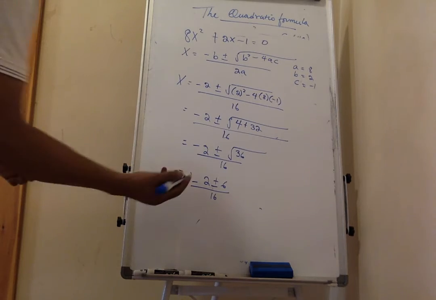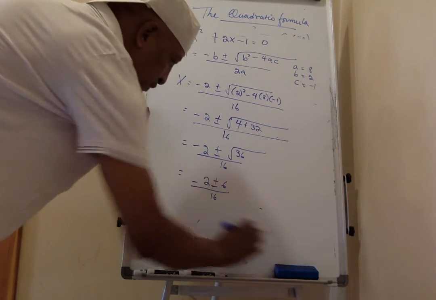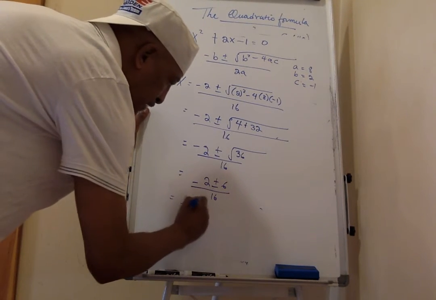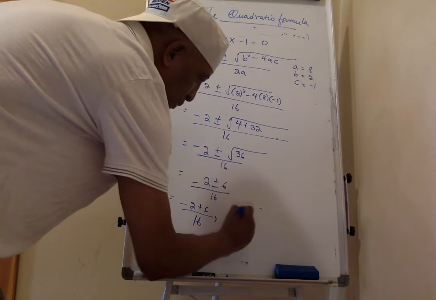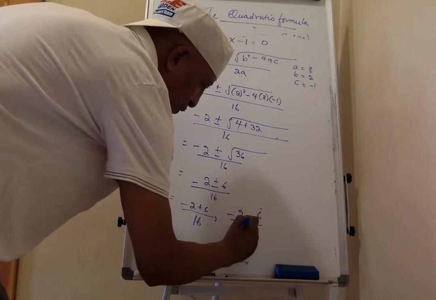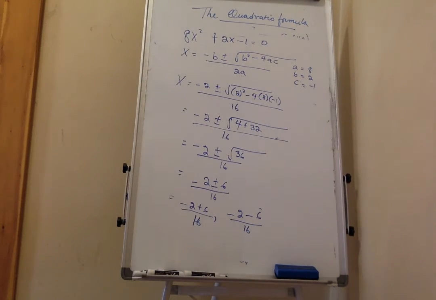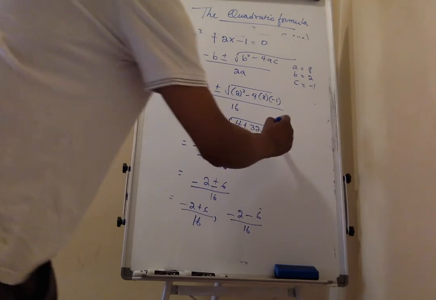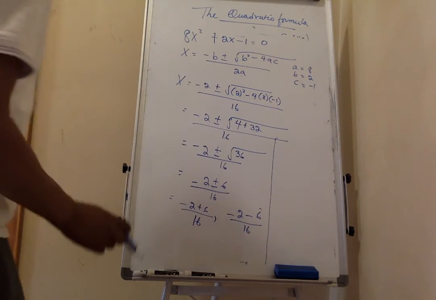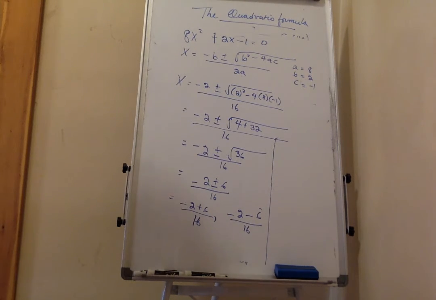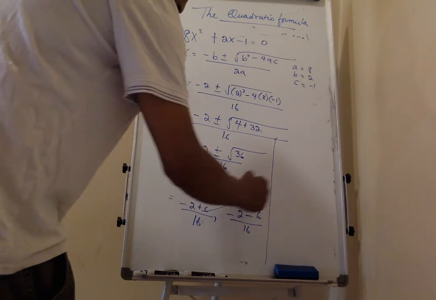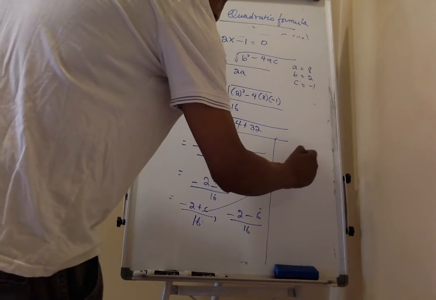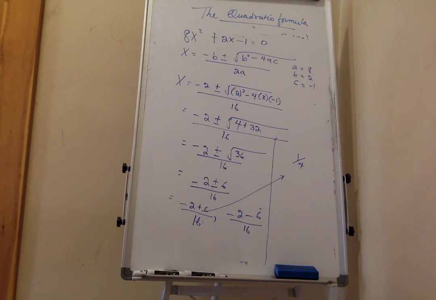We might as well rewrite this. This means one of them is negative 2 plus 6 over 16, and the other one is negative 2 minus 6 over 16. One of them is plus, the other one is minus. Then negative 2 plus 6 gives us 4, and 4 over 16 takes me to 1 over 4, one of the answers.